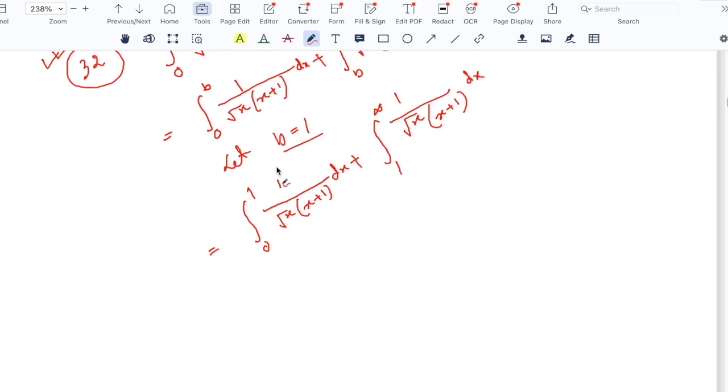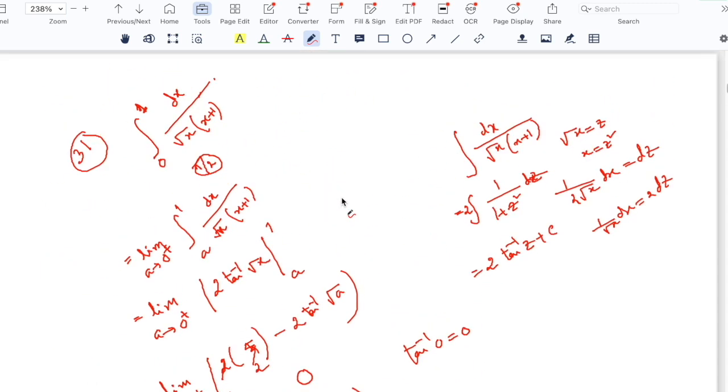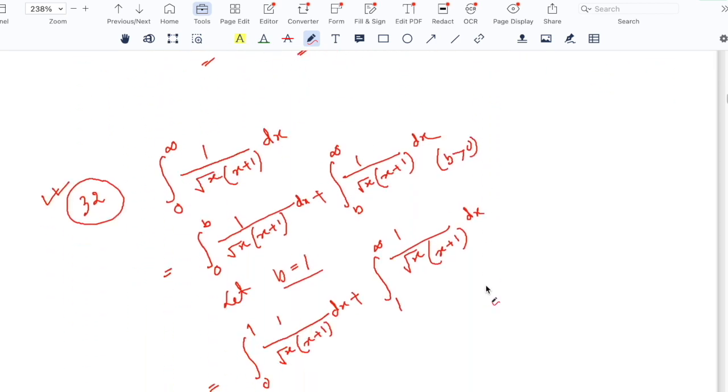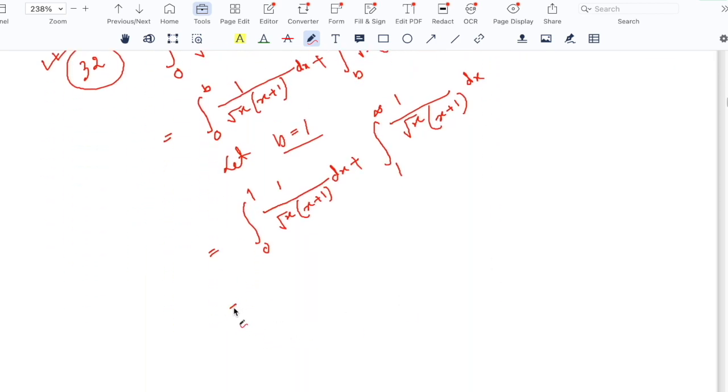In our last problem, we know this integral is equal to 2 tan inverse root x. Therefore I can use this result here. This equals 2 tan inverse root x from 0 to 1, and this integral is improper because of the lower limit.